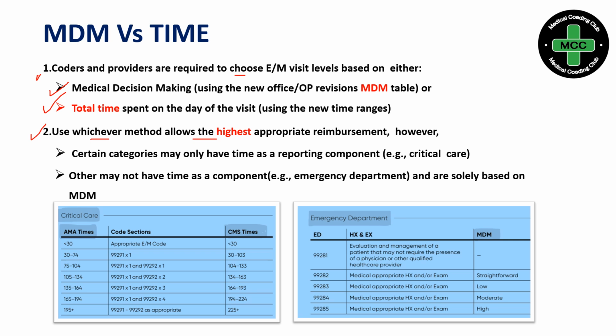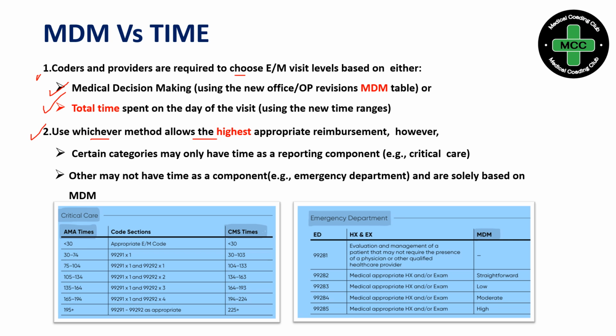But in the CPC exam, how will they question? They will question clearly: select the E/M level based on time, or based on MDM. So whatever they are questioning, accordingly you can select an appropriate E/M level. If you are working, then it will be helpful for you. So if both MDM and time are documented, whichever gives you the higher level, you have to follow that particular coding guideline.